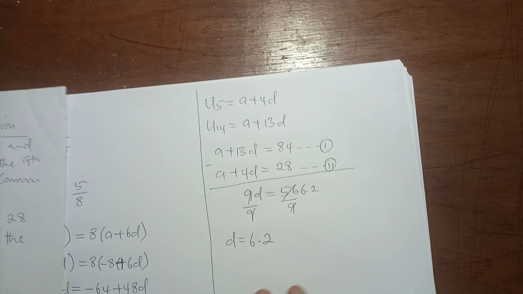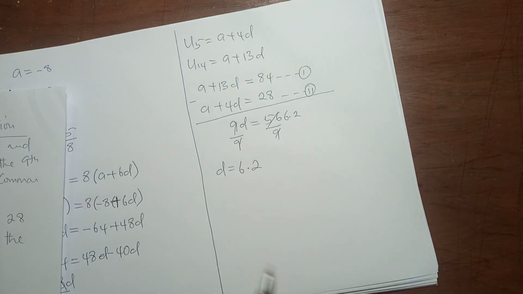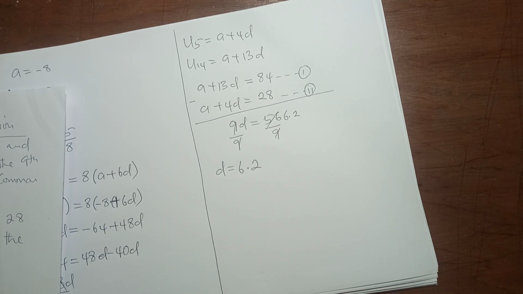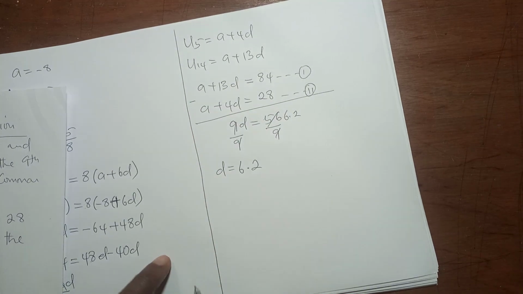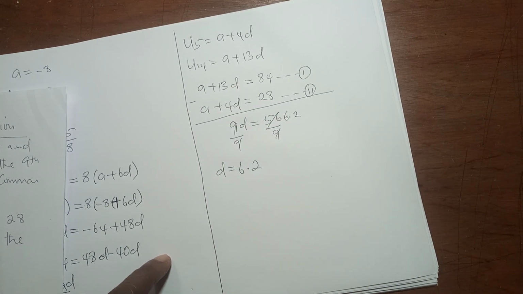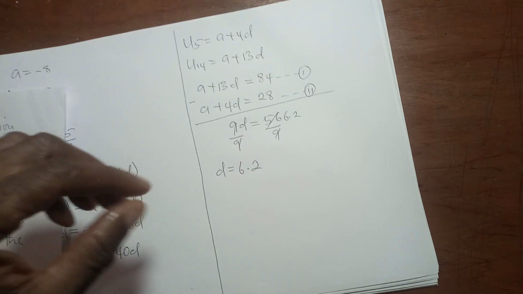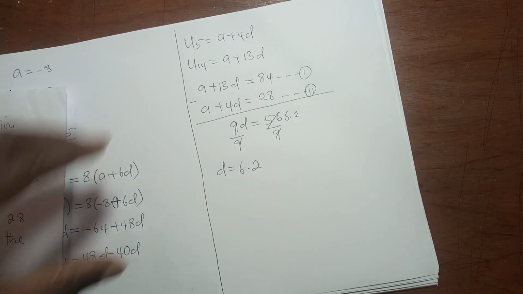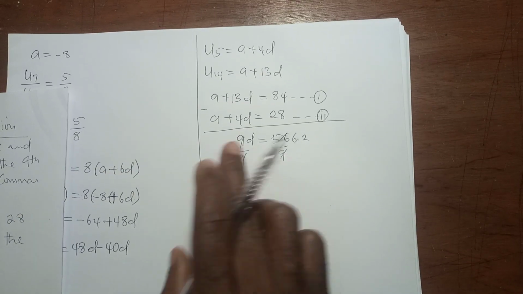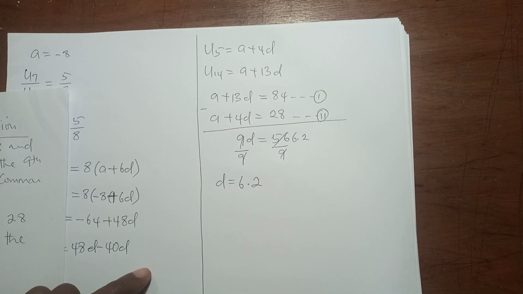Okay, now we have gotten our common difference. Let's look at getting our first term, because when you get your common difference and your first term, then you can get whatever other term you are asked to find. So let's use equation 2. I always prefer my students making use of the values that you think are smaller, so that it will reduce the size of your numbers.